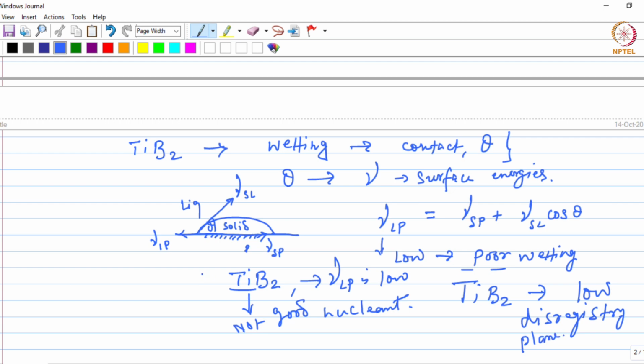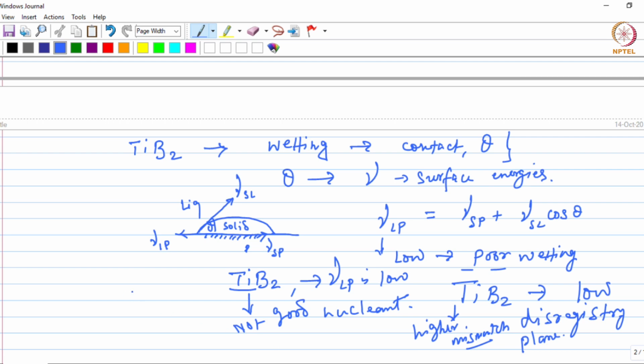So here the TiB2 planes will have a higher mismatch with aluminium, okay.